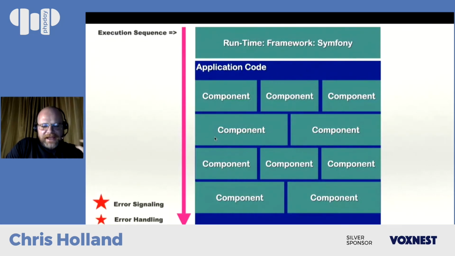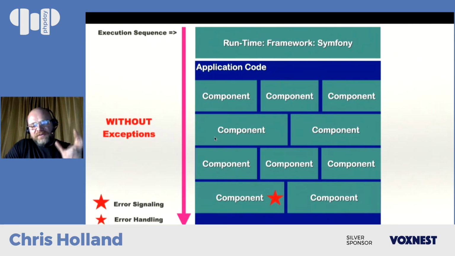So let's say that one of the lower components, without exceptions, signals an error, right? An error happens in the lower component. Without exceptions, the two components which use this one are going to need to adapt their behavior to handle the error.